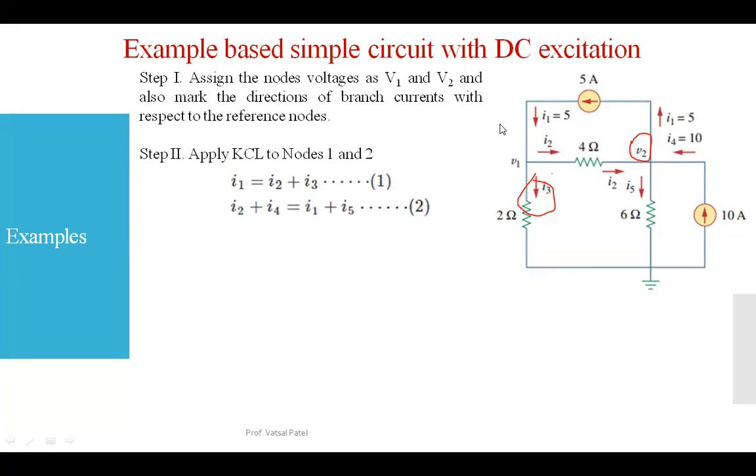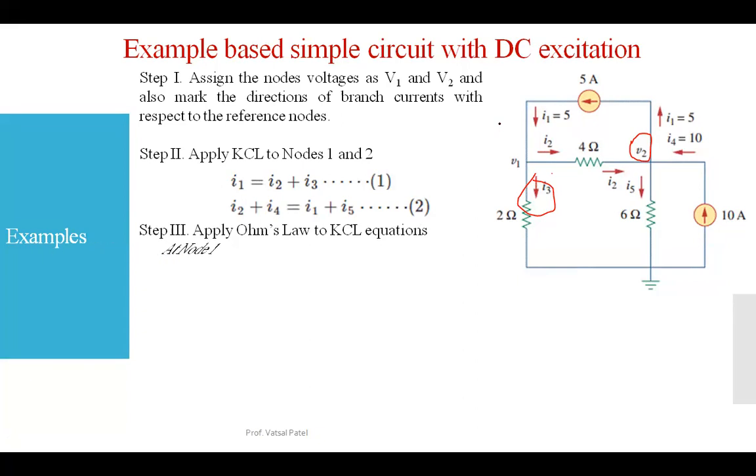Now, the individual equations we are going to write with Ohm's law. So voltage divided by resistance we can write here. For the first equation, or step number 3, we apply Ohm's law to this KCL equation.